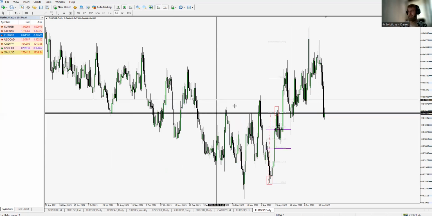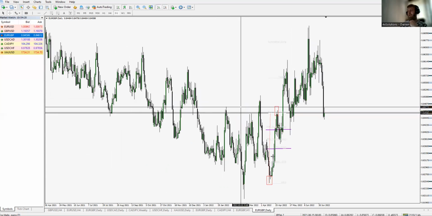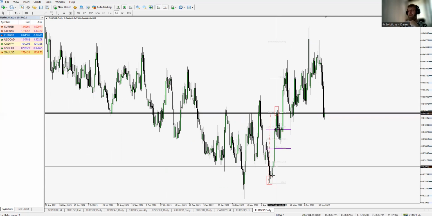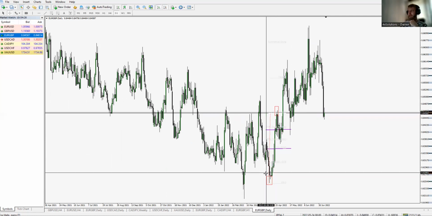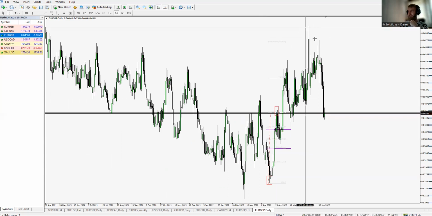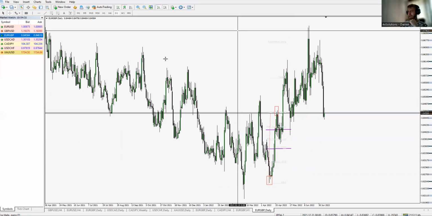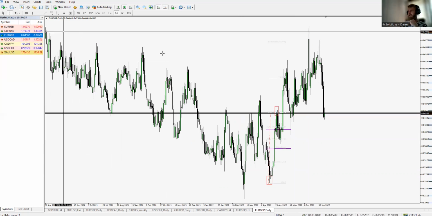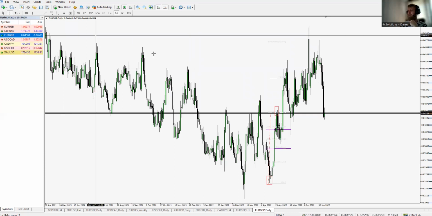So above old highs over here is where they are distributing the longs that they took in a discount. It's not a case of they buy, and then they just immediately, when they get here, they sell. They exit buys above old highs, so they are distributing their longs in premium.